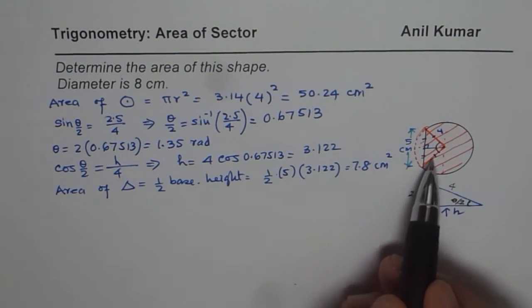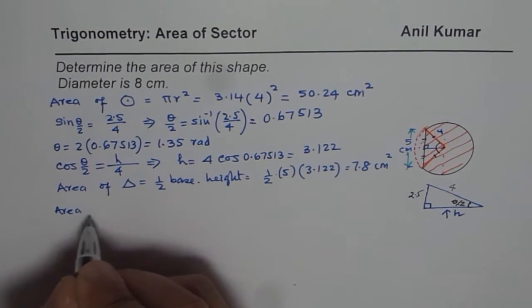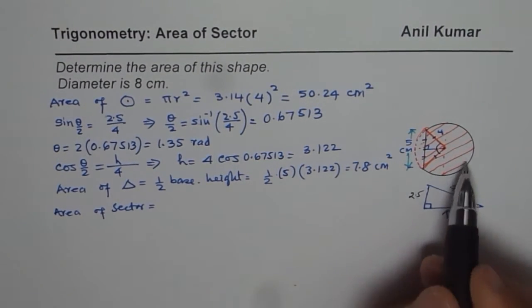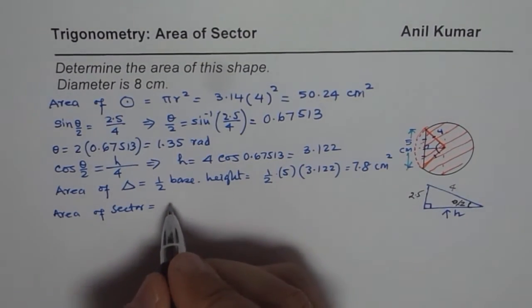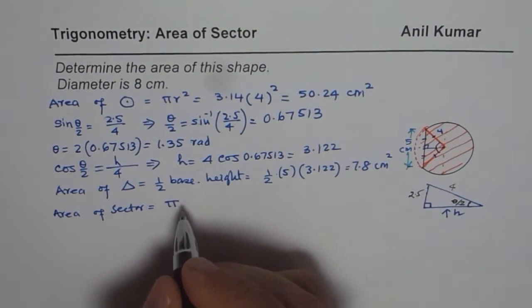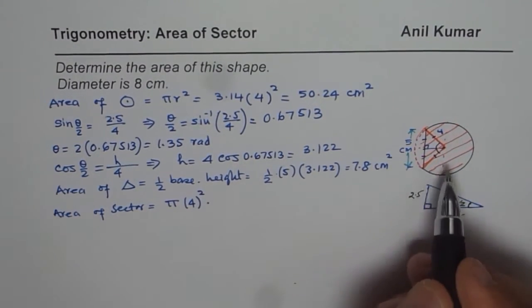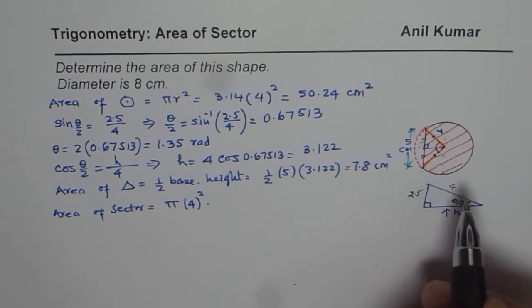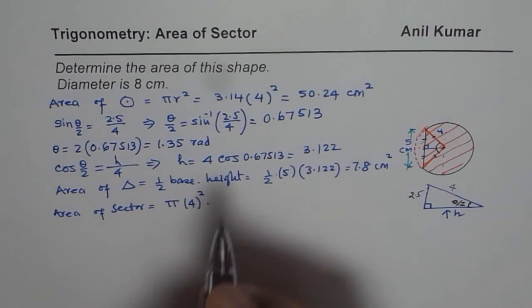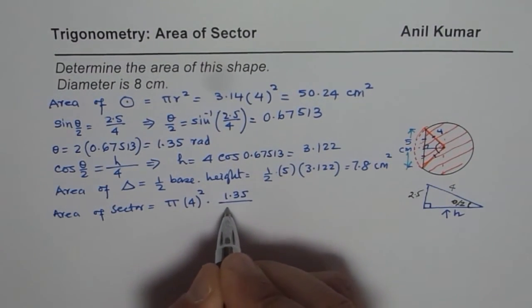Now let's find the area of the sector, the whole sector. It is the area of the full circle, which is pi r square, pi times r is 4, so pi r square, times the ratio of angle to 2 pi. Now the angle theta which we found was 1.35 radians. So we'll multiply by 1.35 radians and divide by 2 pi.